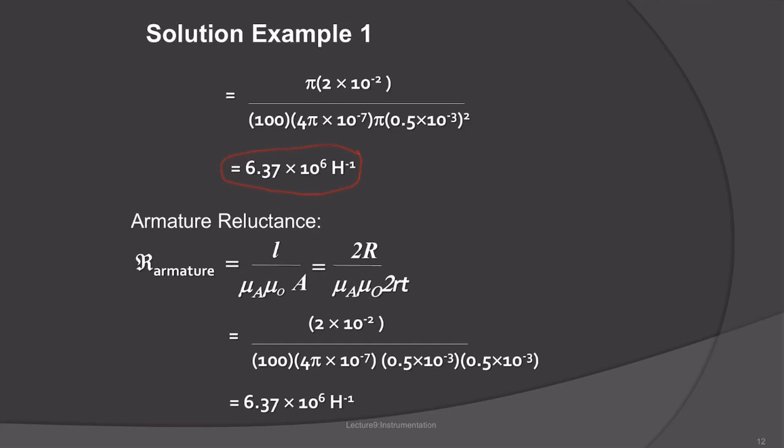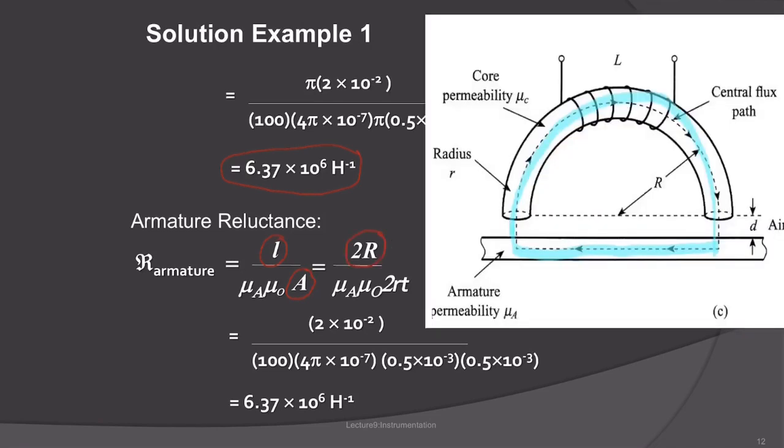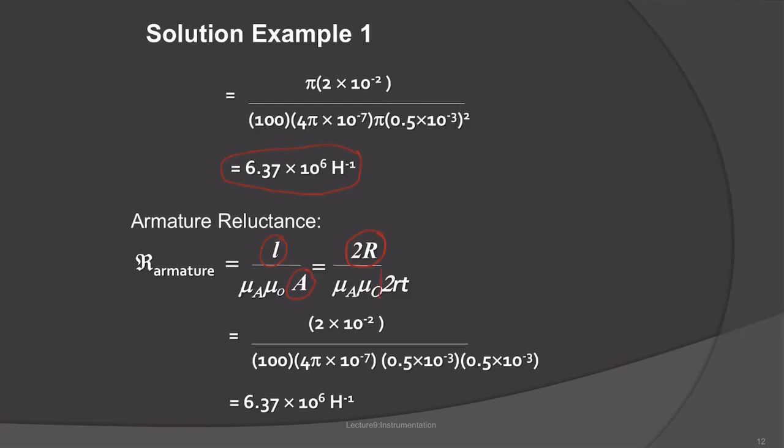Next is to calculate the reluctance in armature. Again, we need to determine the length of the flux flow in the armature and also the area. So the length is equal to the diameter of the circle and for the area we take the shape of 2RT.